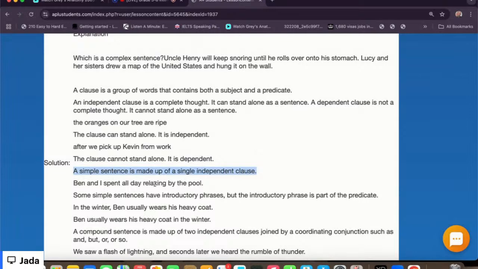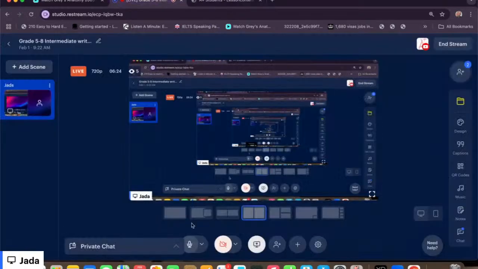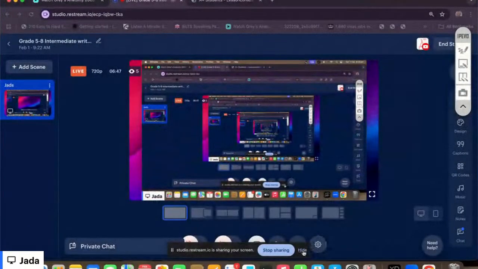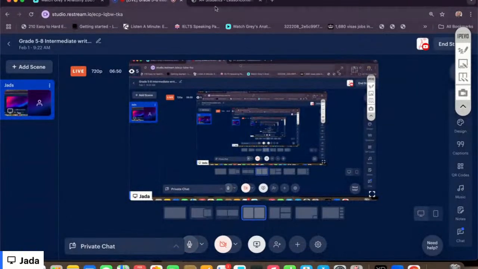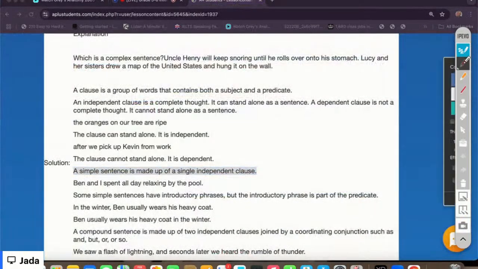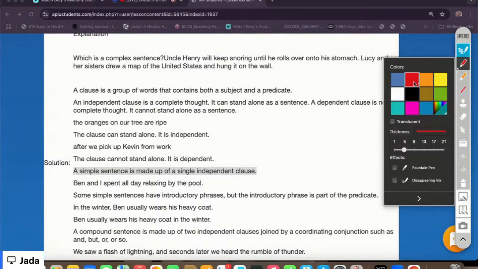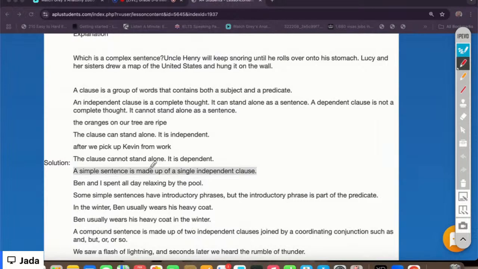So you see, it's a complete sentence. Okay, so just take note of the simple sentence, all right? It is a single independent clause.